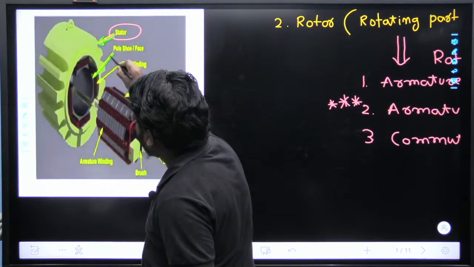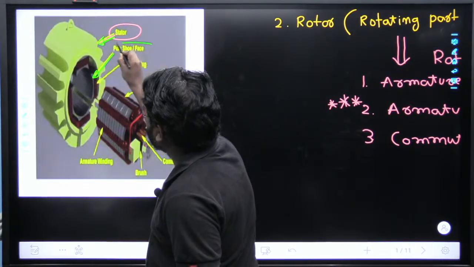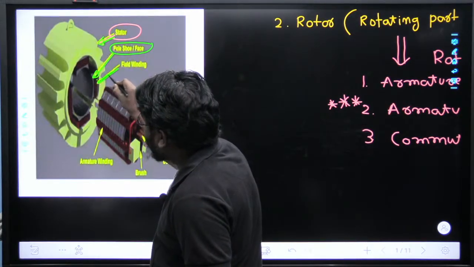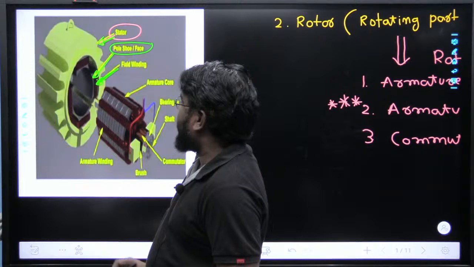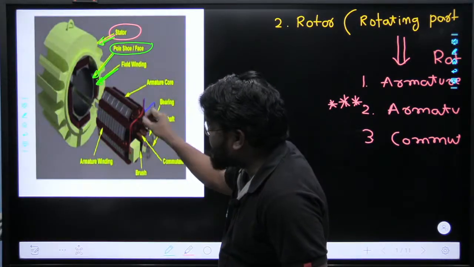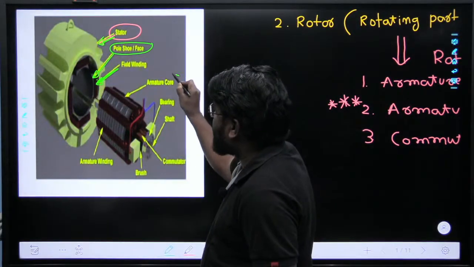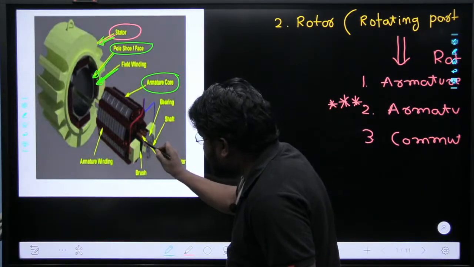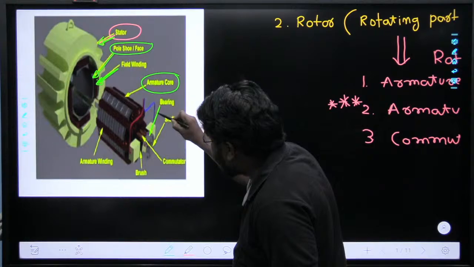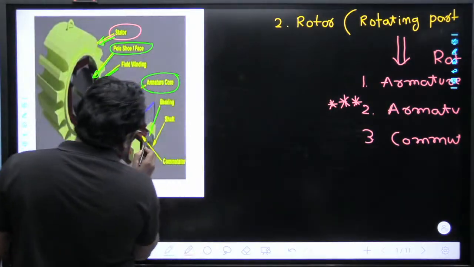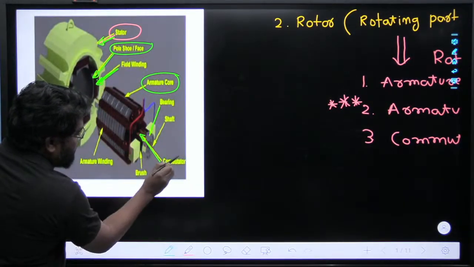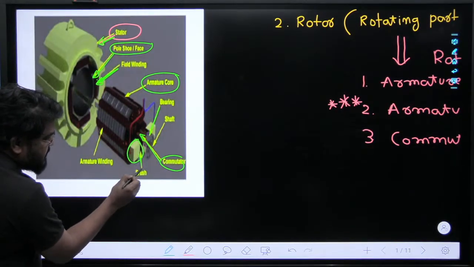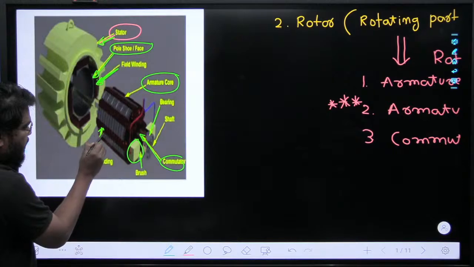The red color is the field winding. This is the armature core, the rotating part of the DC machine, and here are the brushes. Here this is the commutator of the machine, and this part we call the brush.